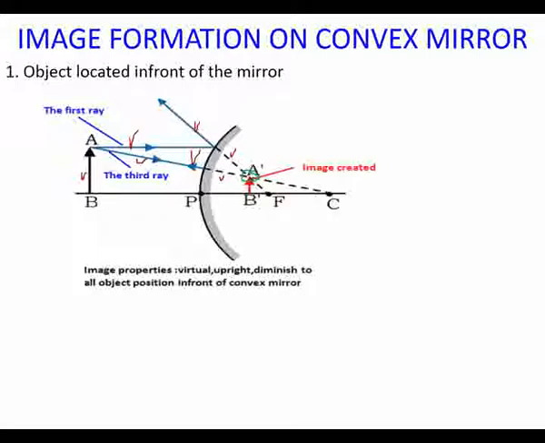Because the image is created by the intersection of two extended reflected rays behind the mirror, the image must be virtual. The virtual is always upright, and from the size of the image, we can know that the image is diminished if compared with the object size.